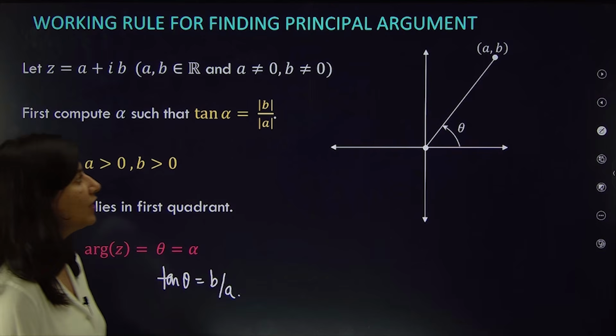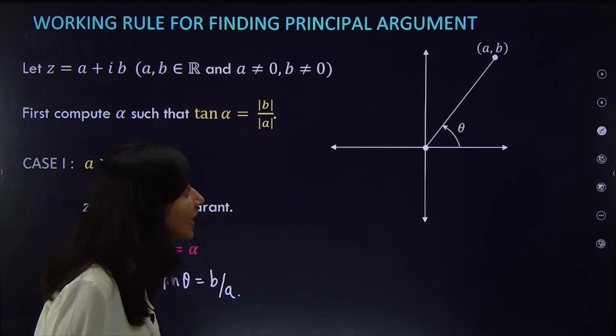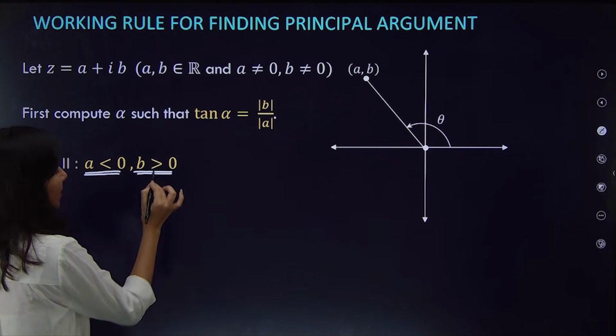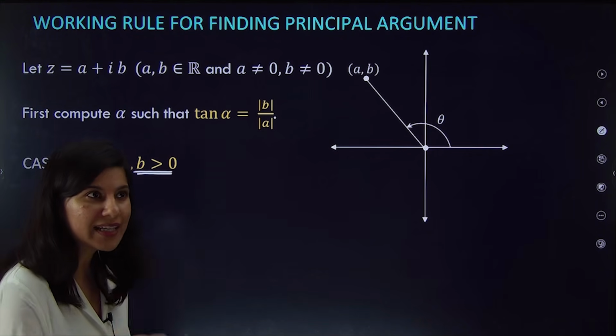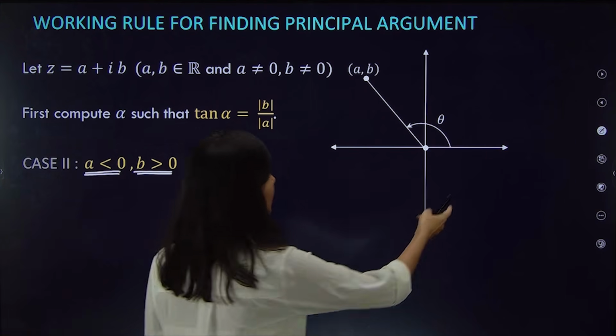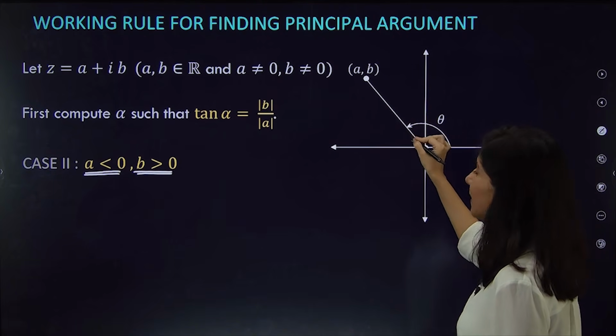But when your A comma B shifts to the second quadrant, what does that mean? Your A becomes negative. That means the X coordinate, if I just talk about coordinate geometry, becomes negative and Y becomes positive. So this is your theta. Now this angle you want to calculate.